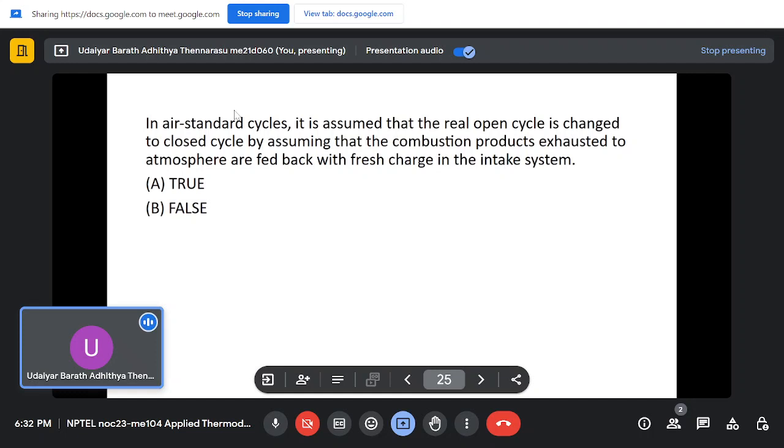So in the air standard cycle, it is assumed that the real open cycle is changed to a closed cycle. That is true, and the combustion products exhausted to atmosphere are fed back with fresh charge. So this statement is true. This is the assumption which we made to simplify our real cycle. So the statement is true.